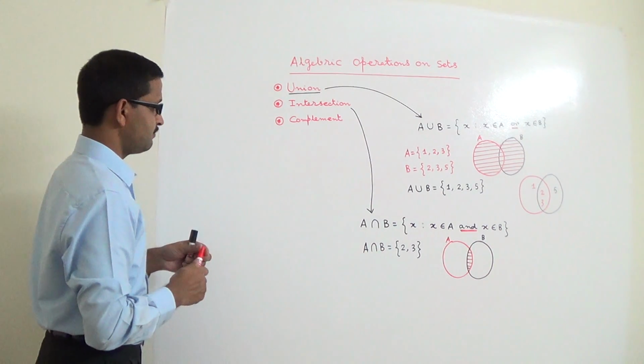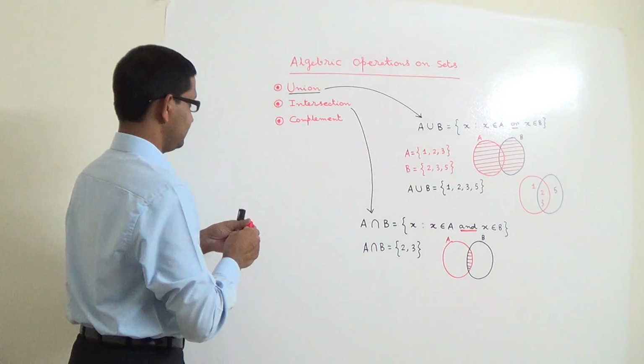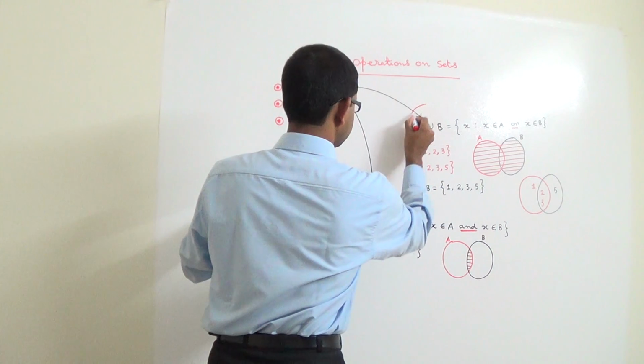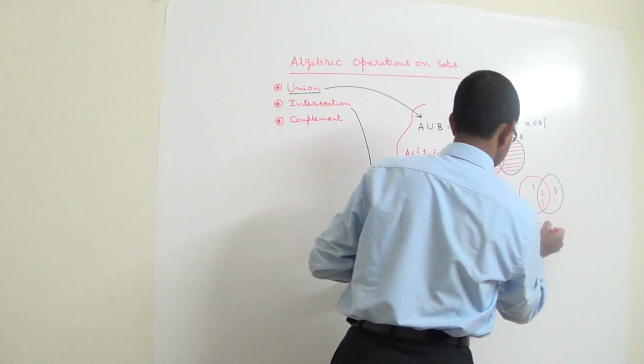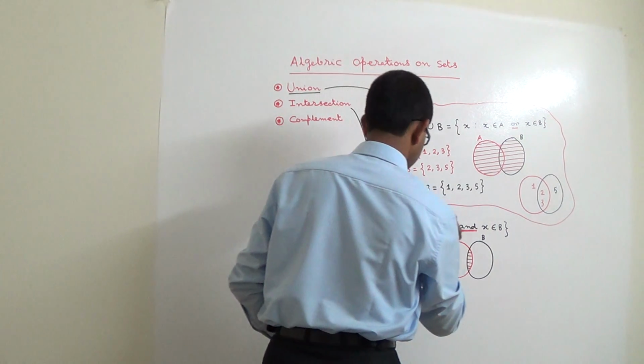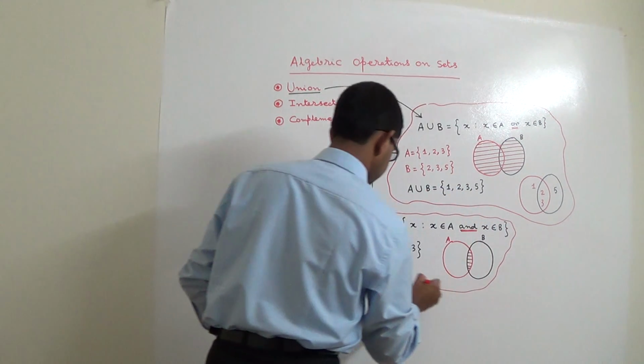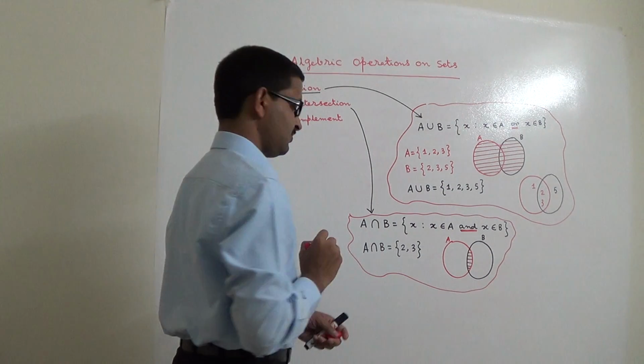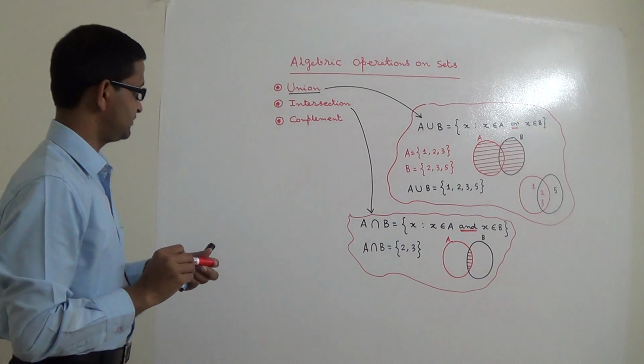Now let's come to the complement. So this part was about the union, this part about the intersection. Now, what is a complement?